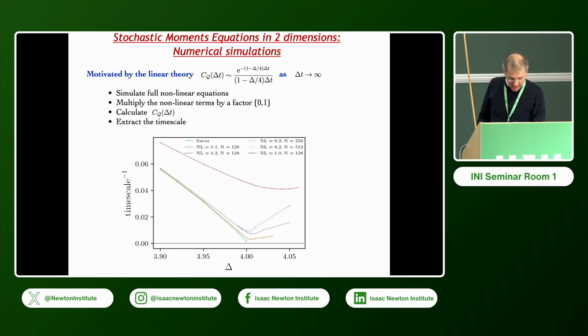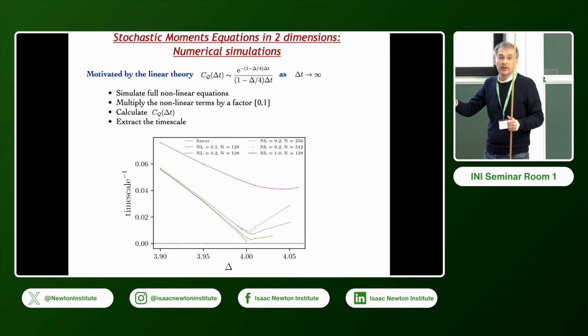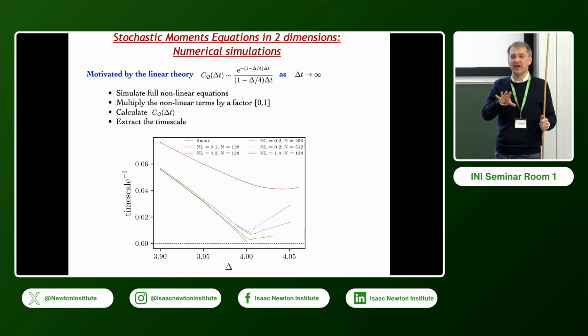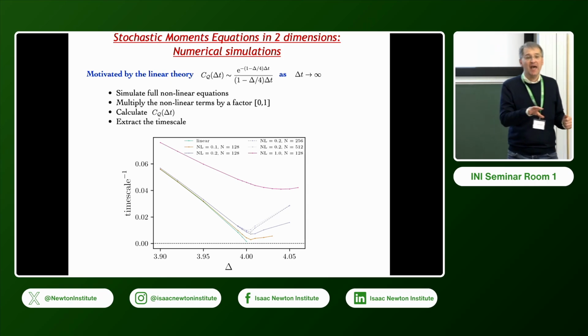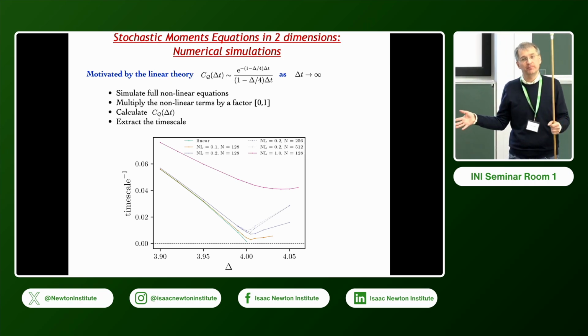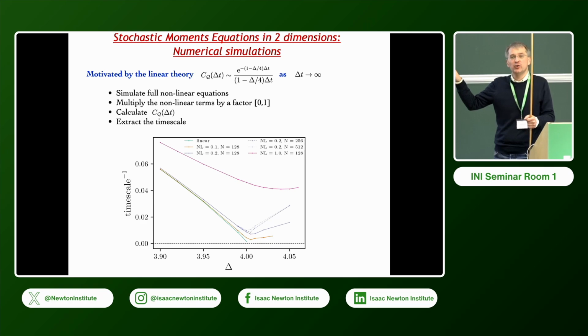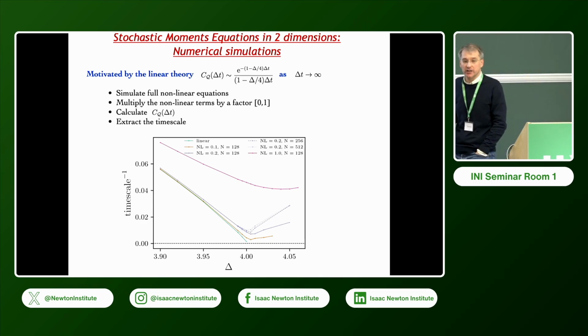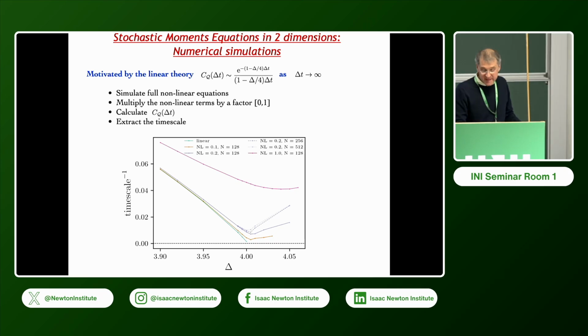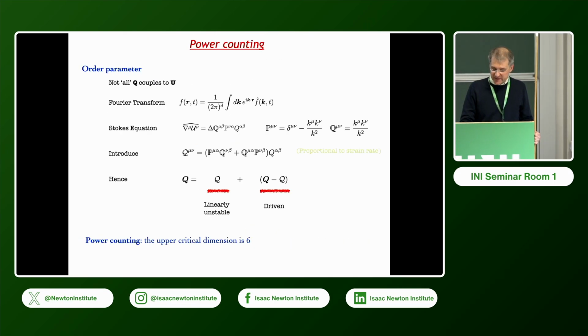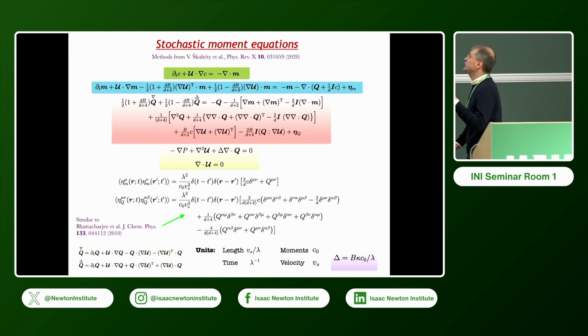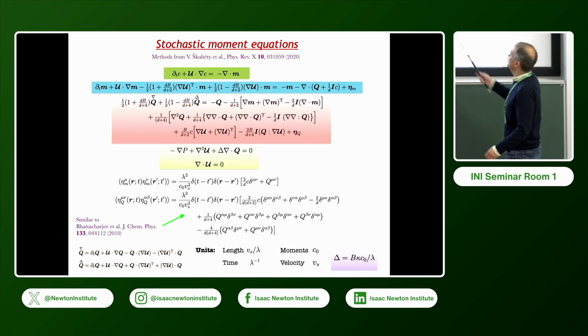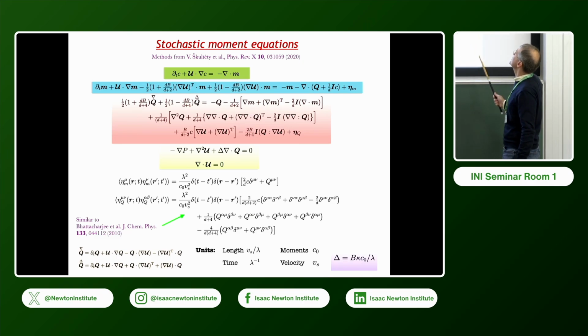The next question is, however, what happens if you now forget about what happens below the nominal instability and go to the full-scale nonlinear model? And so these are purely numerical results, and I really slow down because I want to discuss this in detail. So instead of working with those simplified set of equations, we decided to just go and simulate the system in the presence of the noise.